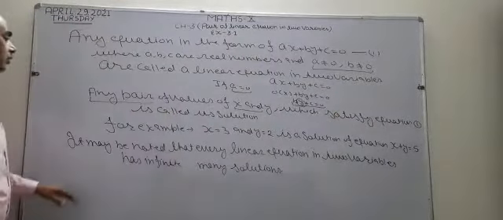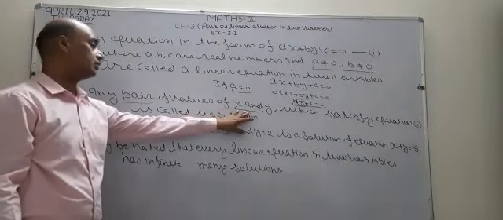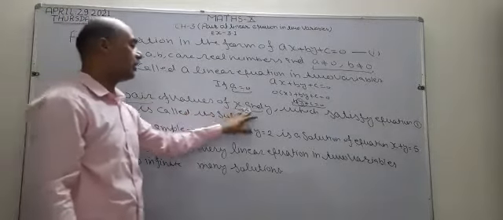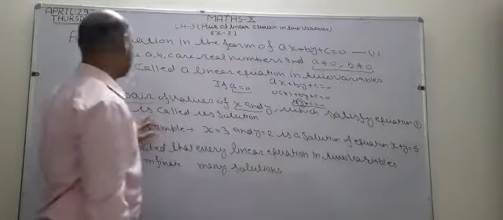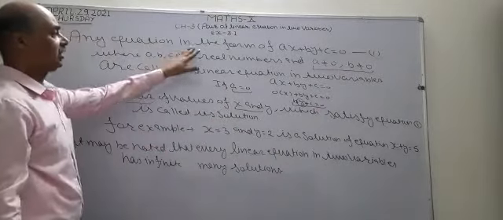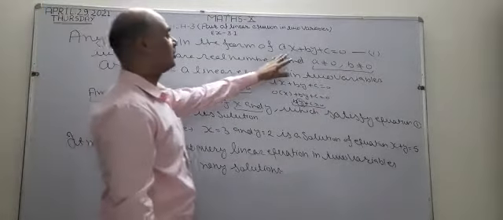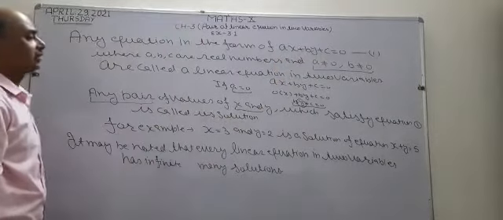Now any pair of values x and y which satisfy this equation is called a solution of the equation. If any pair x and y satisfies this equation, then x and y are called the solution of this equation.